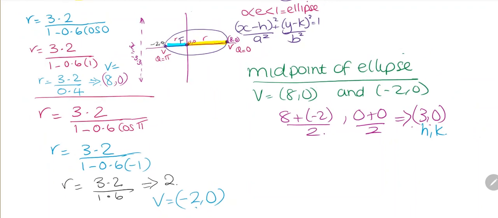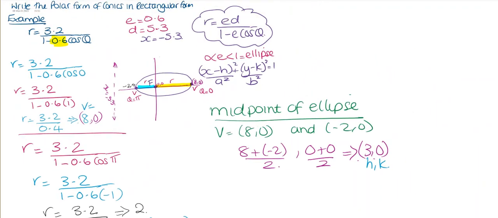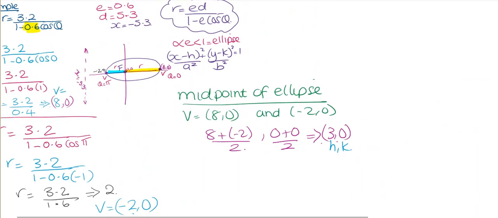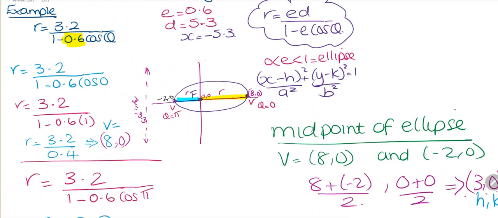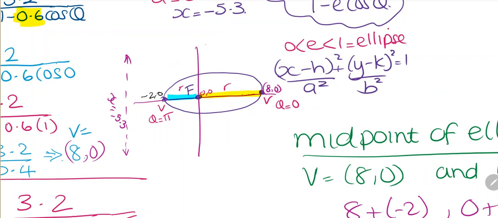What else do we need? So far we've got h and k, so we need our a and b. What do we know about a? Let's go back to our graph. If this is the midpoint at 3, 0, I'm just going to redraw this down here.